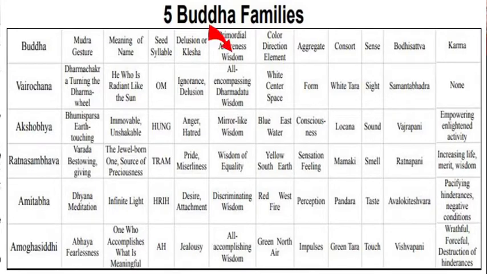Here is the wisdom that ignorance is transformed into: all-encompassing Dharmadhatu wisdom. You can see over here. And then it is Akshobhya, that anger and hatred is transformed into mirror-like wisdom. And then pride and miserliness develops into, when purified, the wisdom of equanimity.